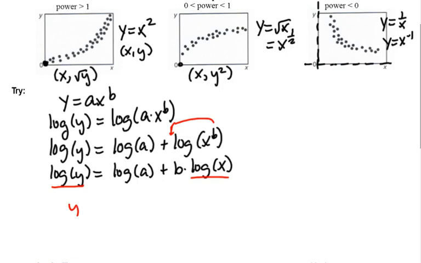So if we think of y equals a plus bx, if we write it in the terms that we usually see it in statistics, the a is the y-intercept, the b is the slope. Instead of x and y, we have log x and log y. So we have a linear relationship between log x and log y.